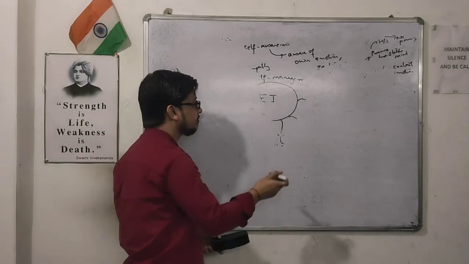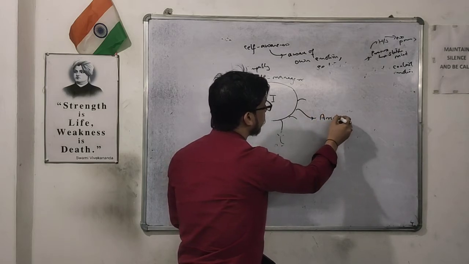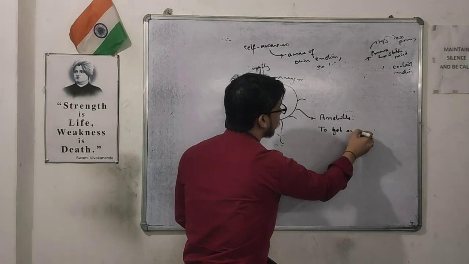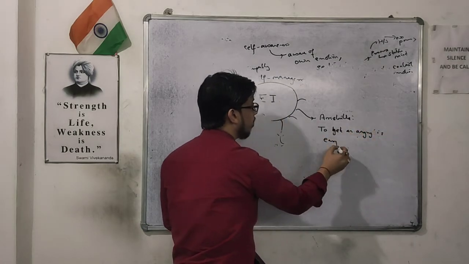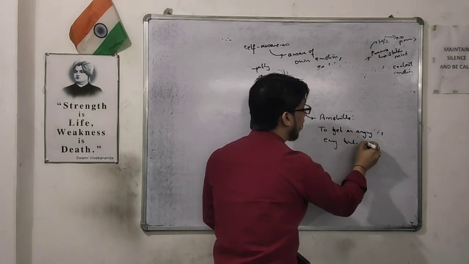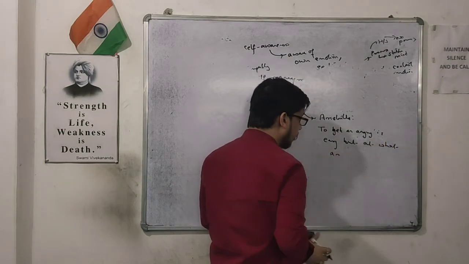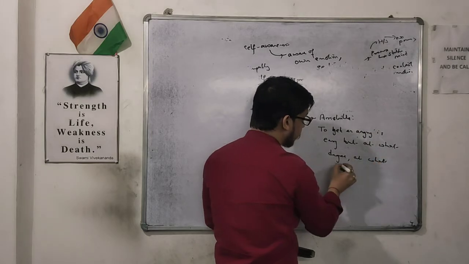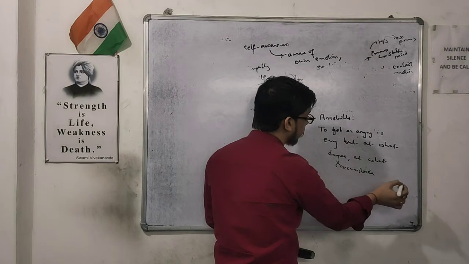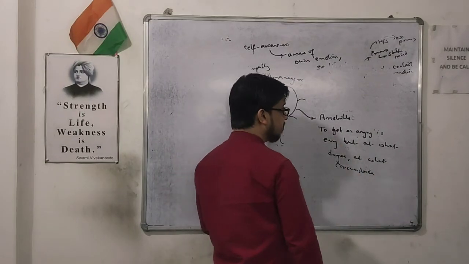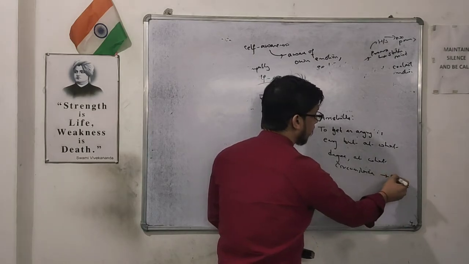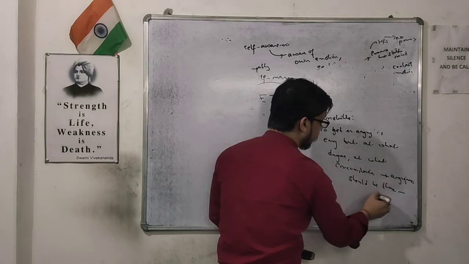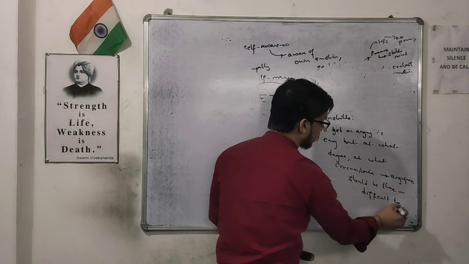So Aristotle said that to get angry is easy, but at what amount, at what degree, at what circumstances, the angriness should be there, is difficult to decode.